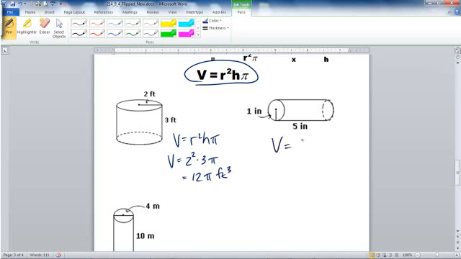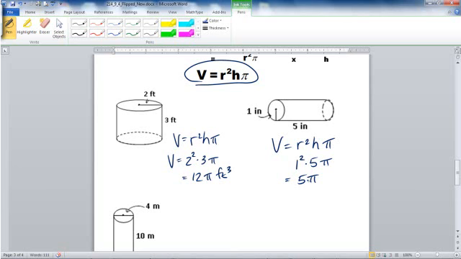So our cylinder is falling on its side. That's okay. We can still write down the formula. My radius is still 1. Even though it's falling on the side, it doesn't make a difference. So 1 squared. My height is 5 pi. 1 squared is 1. 1 times 5 is 5, so 5 pi. Most times you are going to leave your answer in terms of pi.